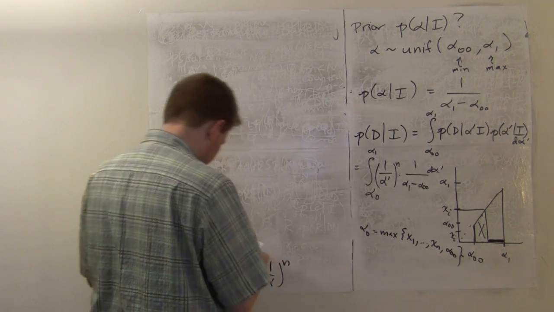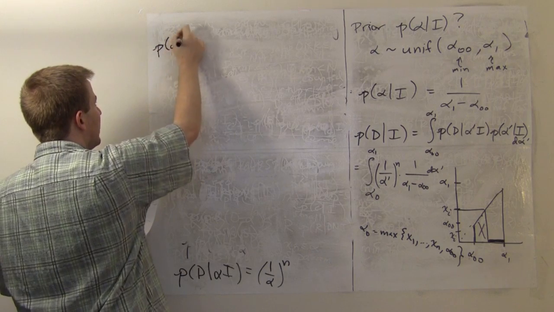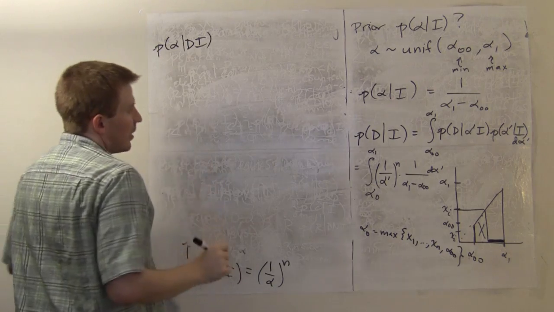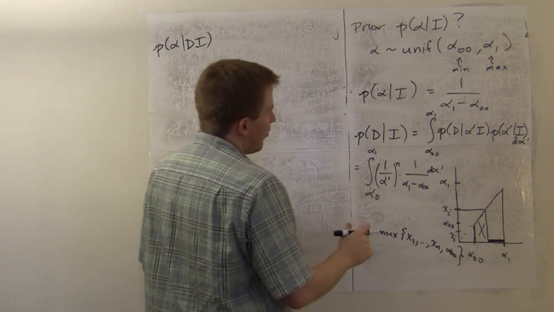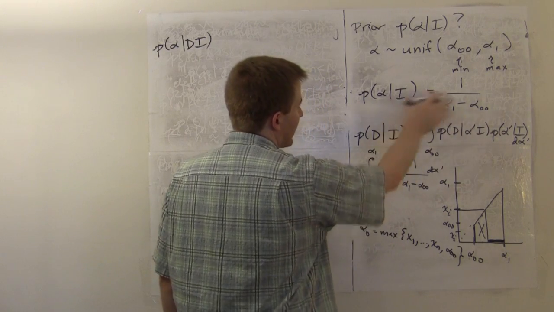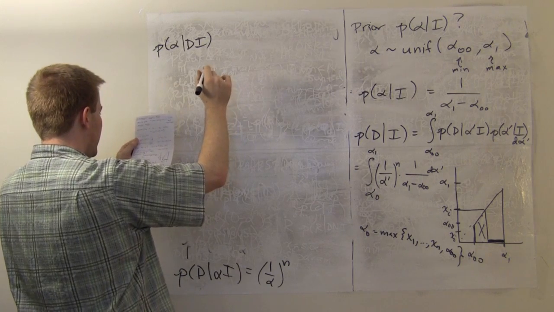And if we do that, what we'll get in the end is that our posterior probability assignment for alpha, given the data, is going to have this term in it, which will come out of the integral and actually cancel with the prior probability, just as we'd expect.